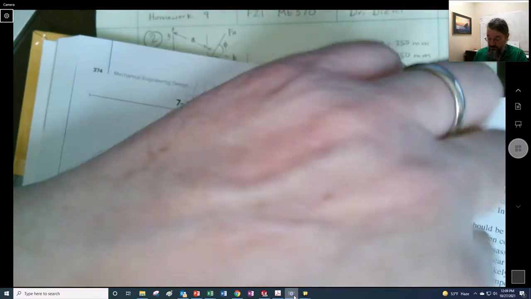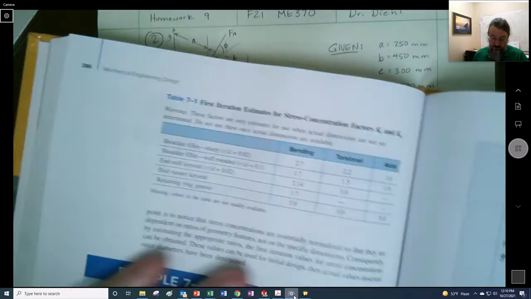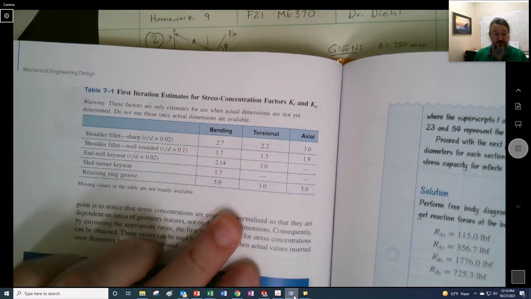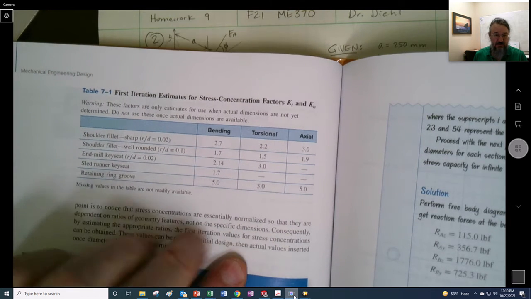I think I did an example where I showed what I was referring to, the keyways. Somewhere in here, I swear it's in here somewhere. There you go. First iteration estimates for stress concentrations for means of connecting things on the shaft.